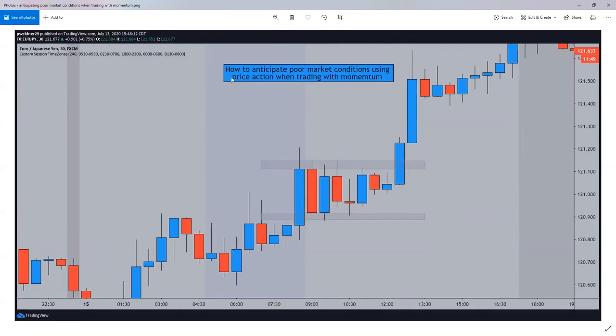So first one we're going to look at is how to anticipate market conditions using price action when trading with momentum. As we can see here, price is clearly ranging and not doing anything we want to see. But if we came to the chart and this was the last candle we saw, maybe we would look to see a support formed here or maybe something over here to then have price continue going up in our direction.